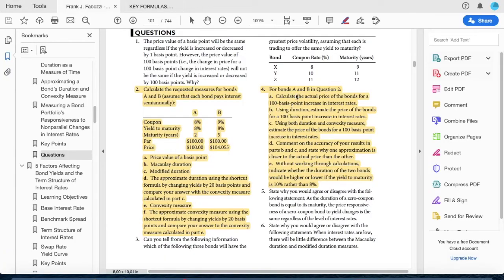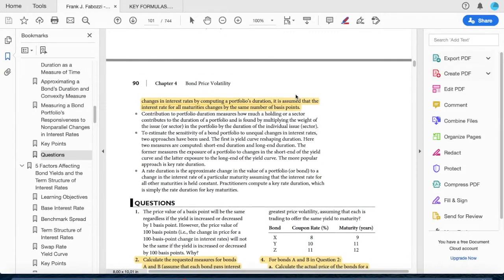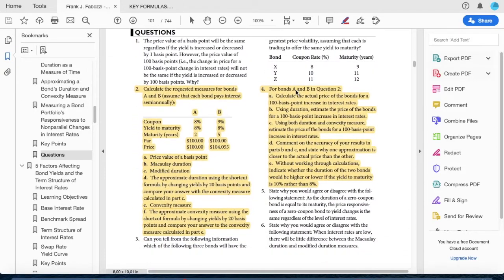Our exercise number 4, page 90, right? So actually, we will use the same data that we already have used in exercise number 2. So we'll consider the bonds A and B data, right? As you can see here, bond A is offering a coupon rate equal to 8%, a yield to maturity of 8%, maturity of 2 years, par value of $100, and the current price is also $100 since the coupon rate is equal to the yield to maturity.